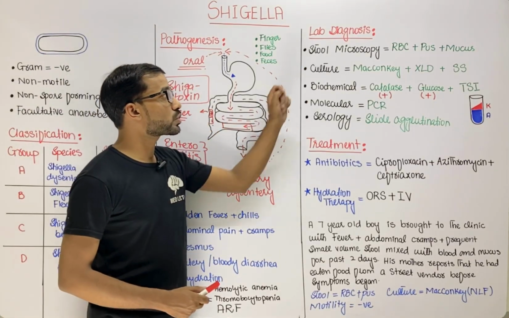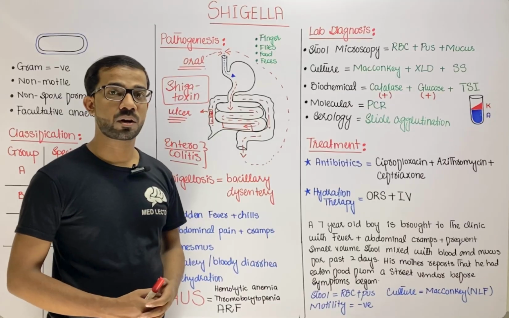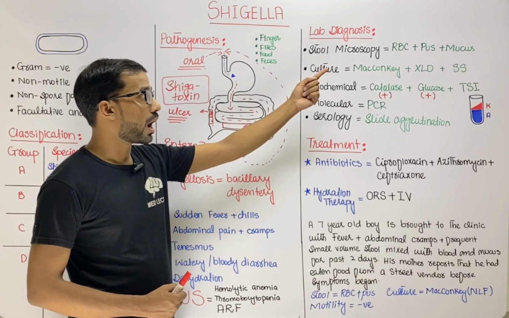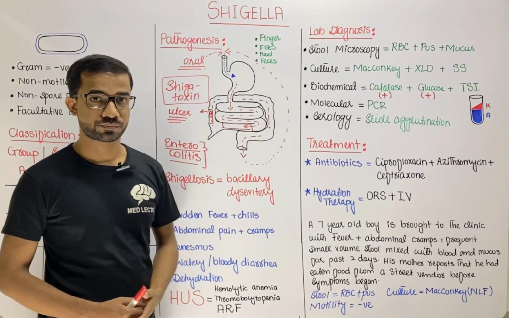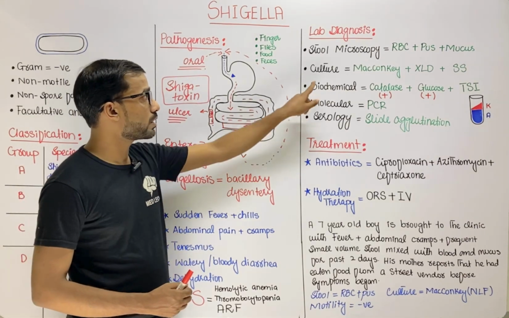Lab diagnosis: in stool microscopy, we take the specimen of the stool and we can check for RBCs, pus, and mucus. After that, you can also go towards culture.